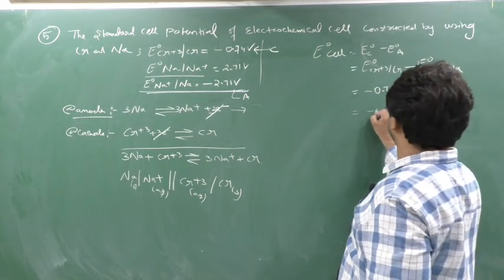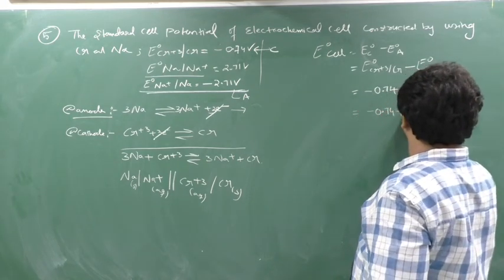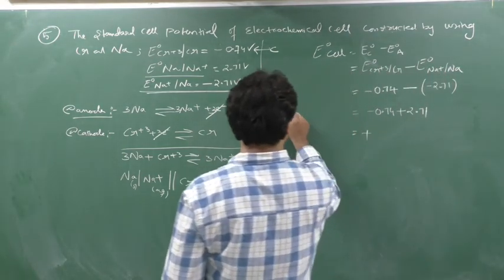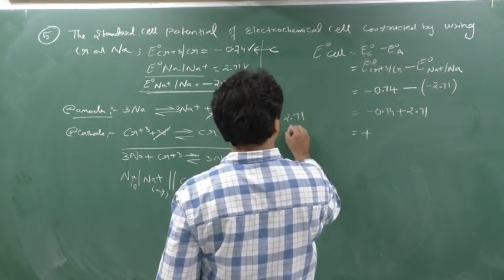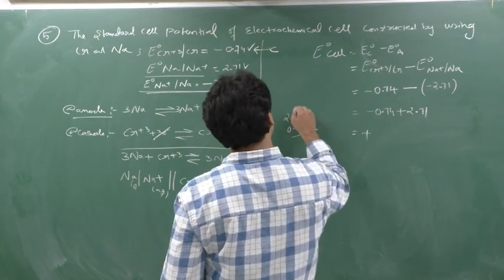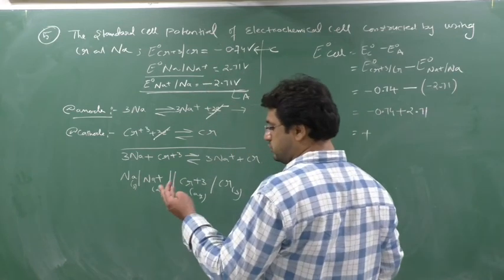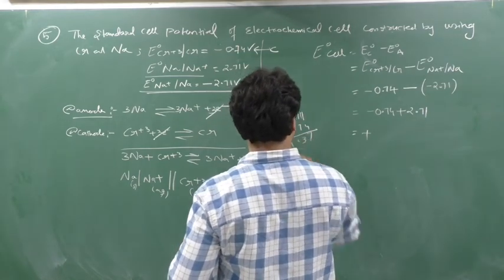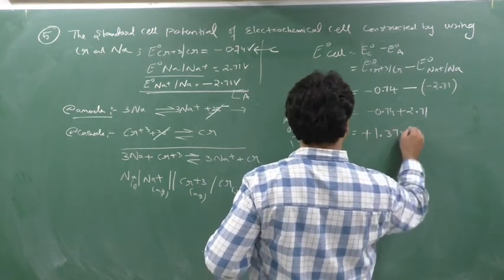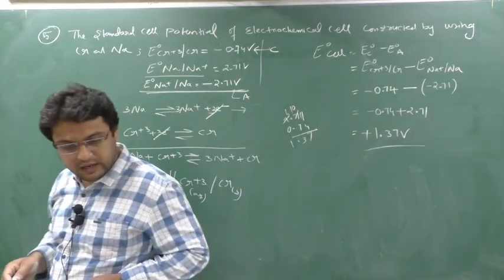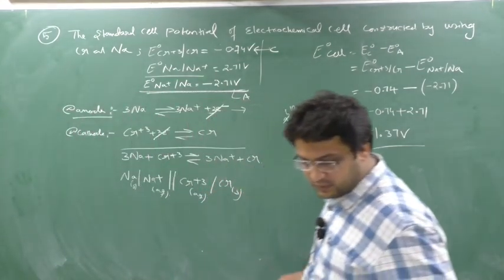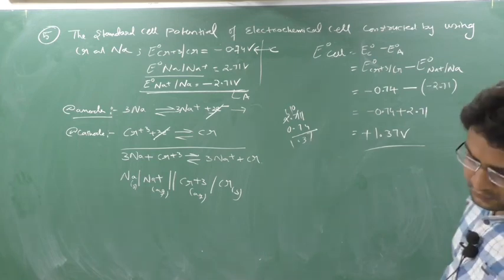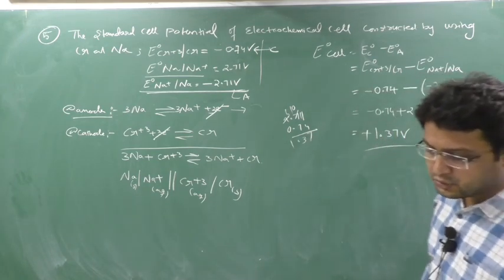So the answer will be minus 0.74 plus 2.71. Minus plus minus, take the bigger number's sign, and plus. So 2.71 minus 0.74: 10 minus 7 is 3. 1.97 volt should be your answer.